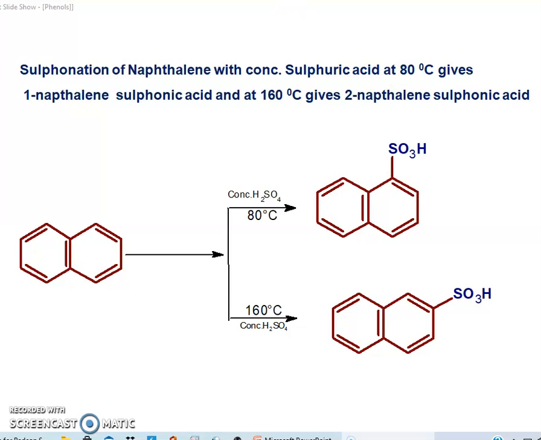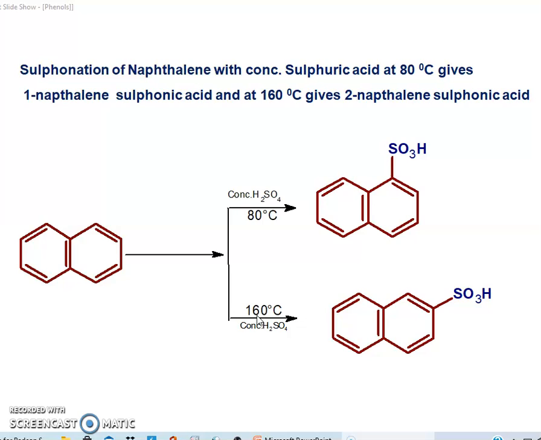But we see here that the 1-naphthalene product takes place at 80 degrees centigrade and the 2-naphthalene product takes place at 160 degrees centigrade. We observe that at two different temperatures, it gives two different products.